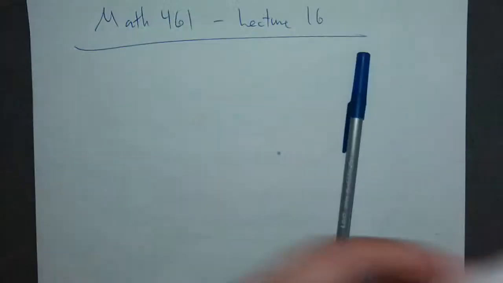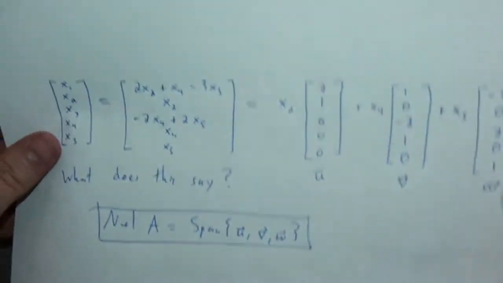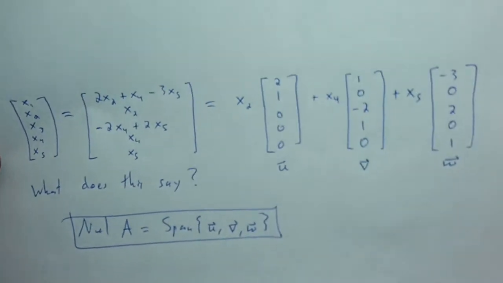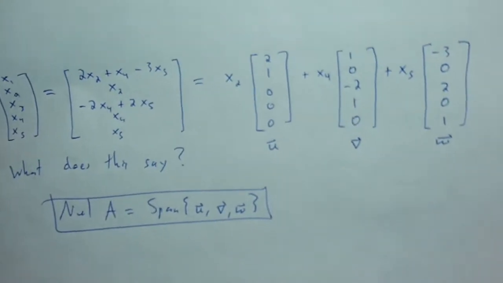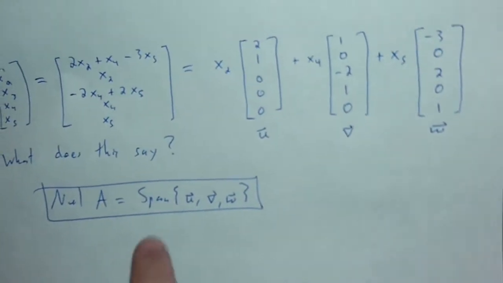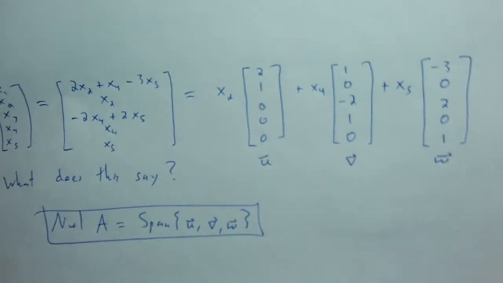Writing out a general solution, this is what I obtained. In that particular example, we were able to say that the null space for that matrix A was the span of these three vectors that I found.